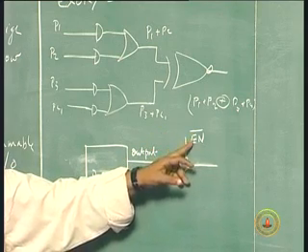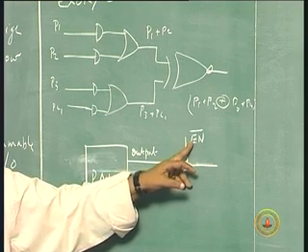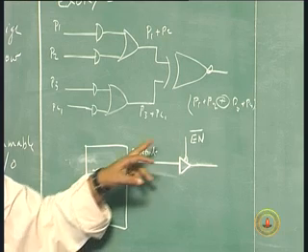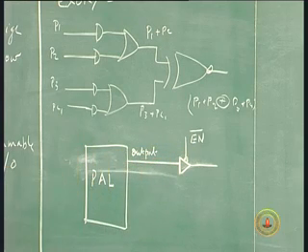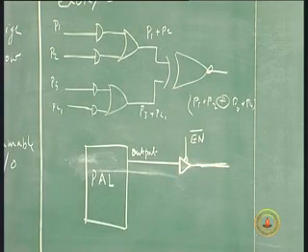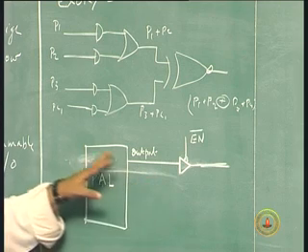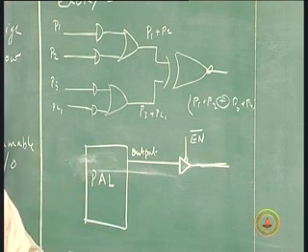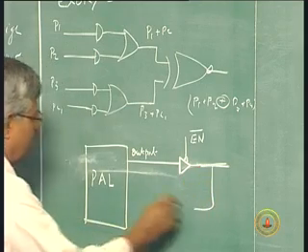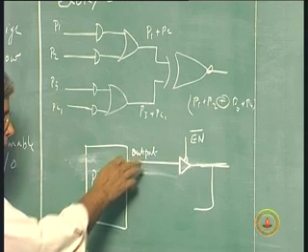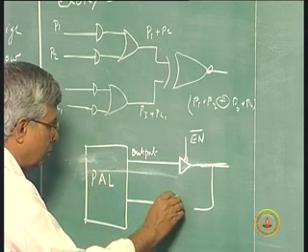When enable is 1, this is disabled, which means there is no connection between output and input electrically. That means as if this is a mechanical projection available to me, which has no connection to the rest of the circuitry. All I need to do is to use it as an input. This is the same pin, the one output pin, and it will be used as an input now.